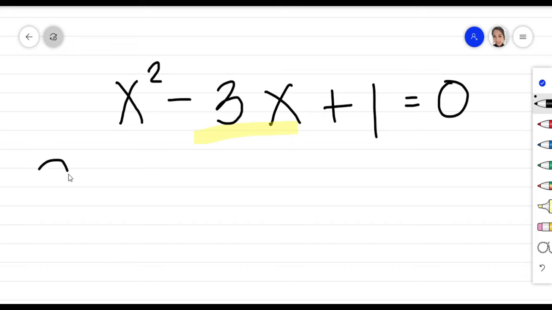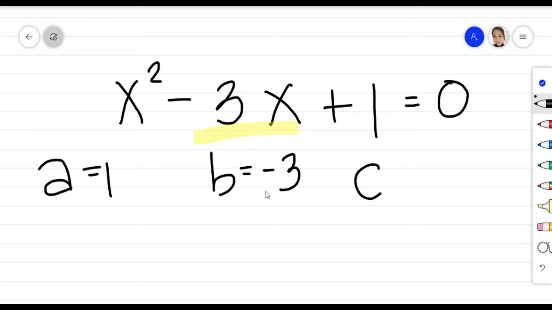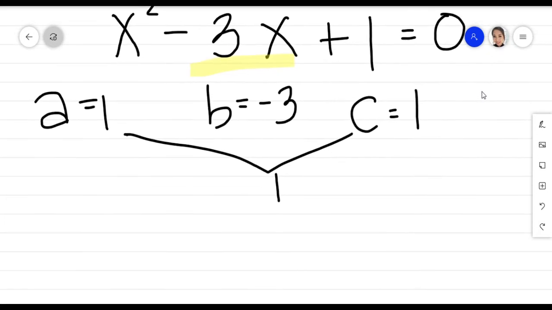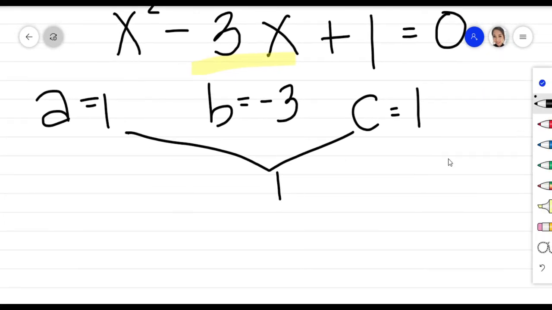So identify our a, b, and c. Our a is 1, our b is negative 3, and our c is positive 1. Now, a times c is 1, and we have to find two numbers that when multiplied give 1, but when added give negative 3.